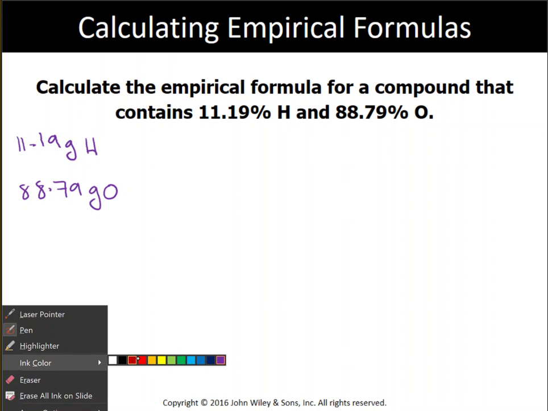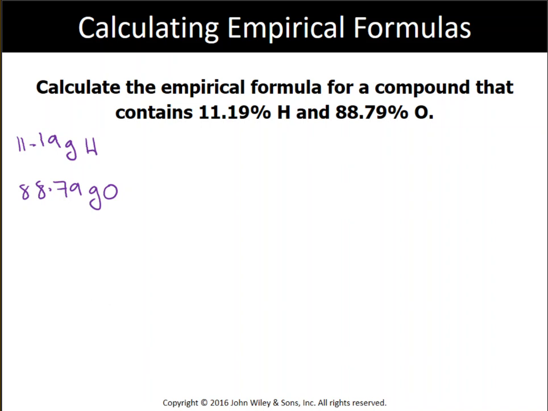Now, step 2, you want to find the number of moles for each one of these elements. Remember, in order to find the number of moles, you have to use the molar masses. So each mole of hydrogen is 1.008 grams of hydrogen, which gives me 11.10 moles of hydrogen.